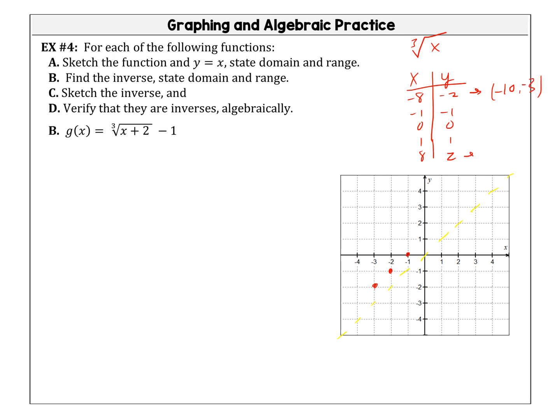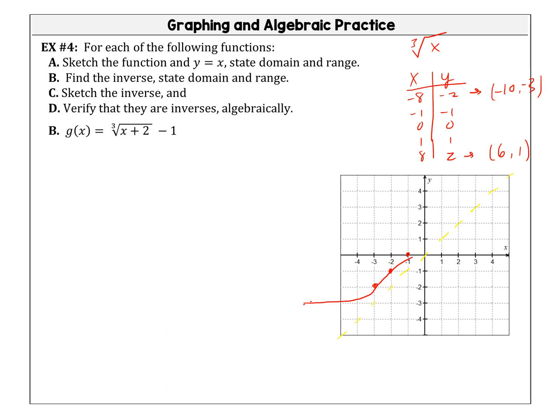And if I could graph the point 8, 2, moving it 2 to the left would put me at 6 and down 1. So 6, 1. So I know that as I'm graphing, I'm not going to go above 1 here, and I'm not going to go below -3 because I can't even get to those points.